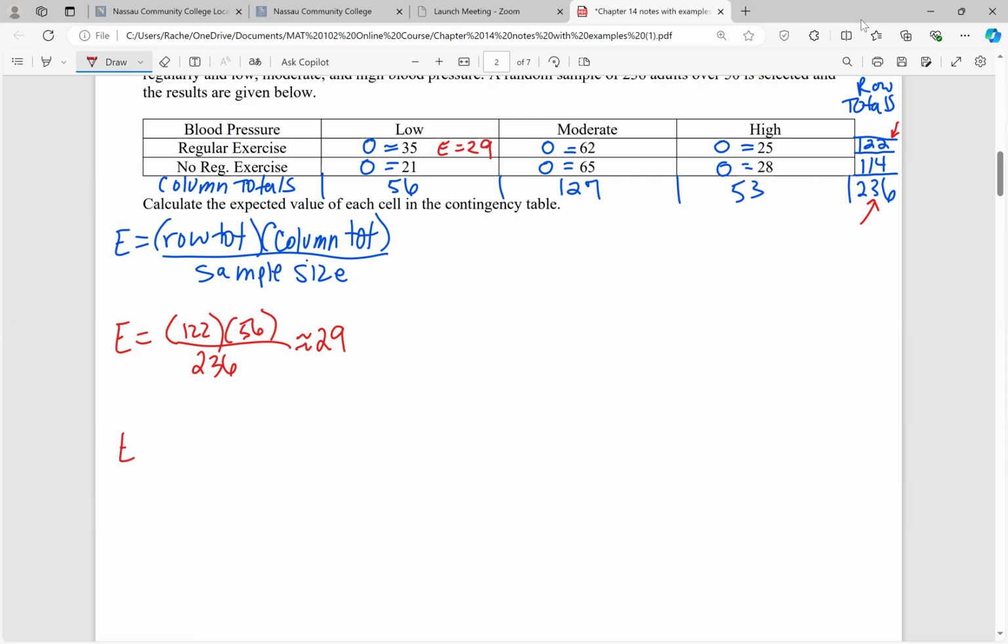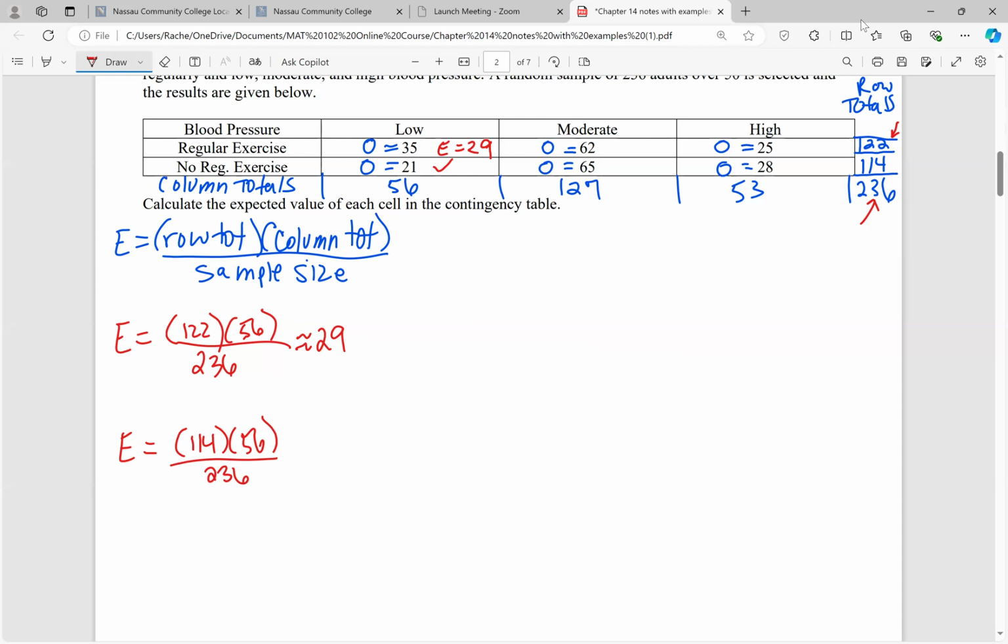So let's keep going. Let's get the expected value for people with low blood pressure and no regular exercise. So for this cell here that I just checked off, we're going to take the row total, which is 114, and multiply that by the column total, which is 56. And then we divide by the sample size, and we end up with about 27.